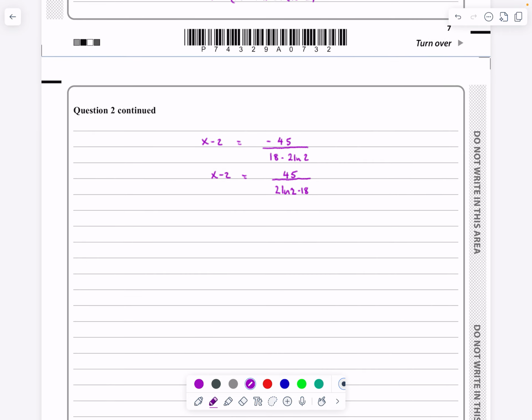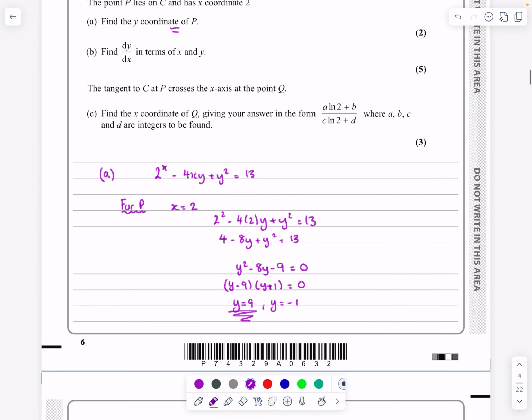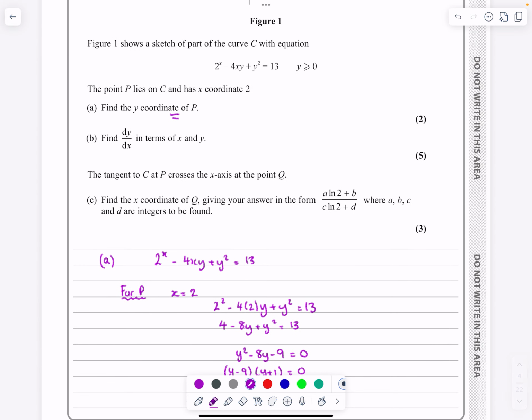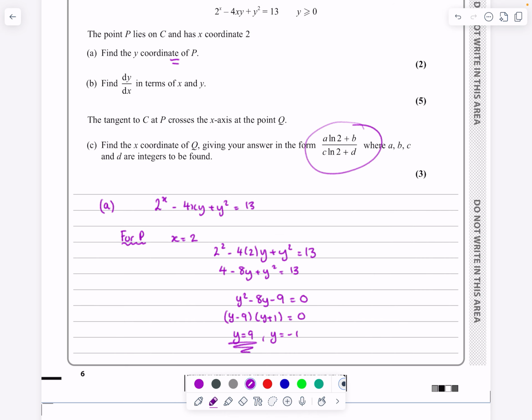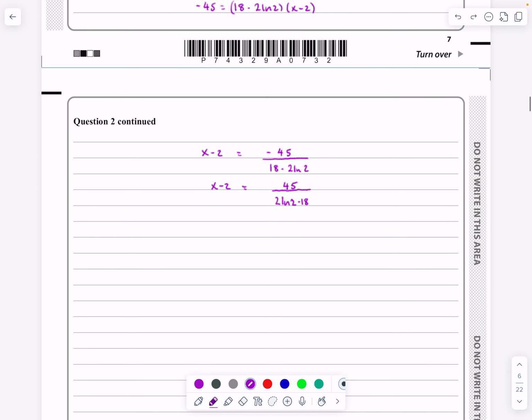And then let's just go back and see what we're trying to get it to, because it does say, right, I want to get it into that format there. So we've just got a little bit more work to do to get it into that format. So many log 2s plus a number over so many log 2s plus a number. So we're very, very close to it. We just need to get this all tidied out.